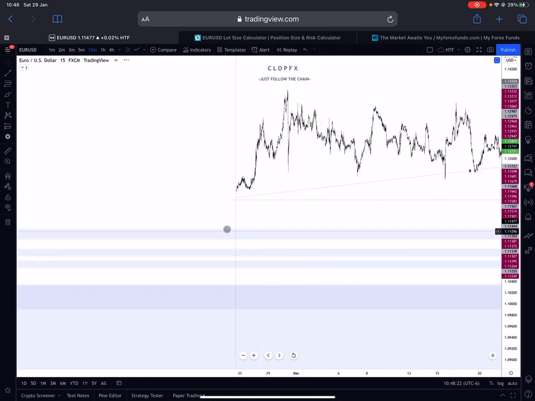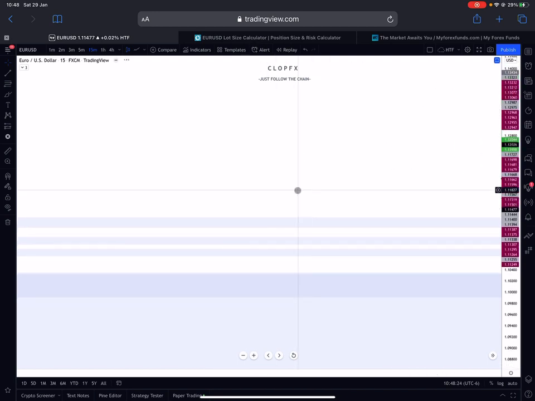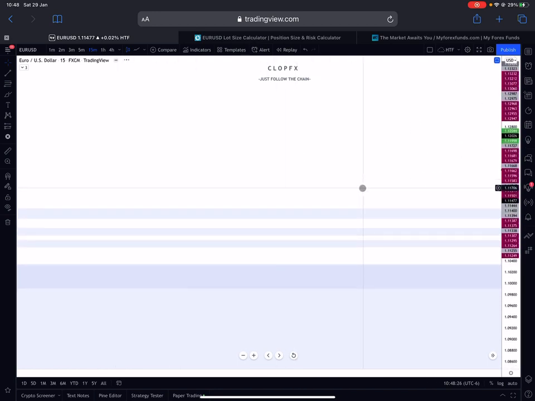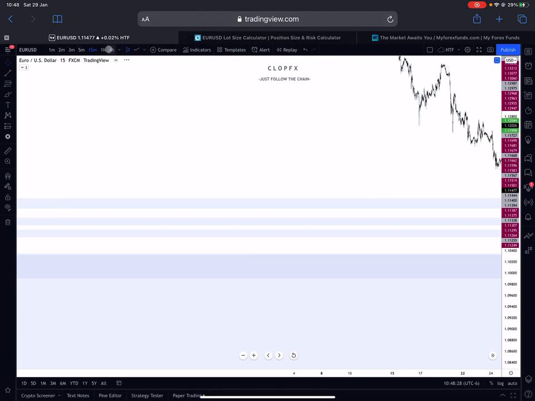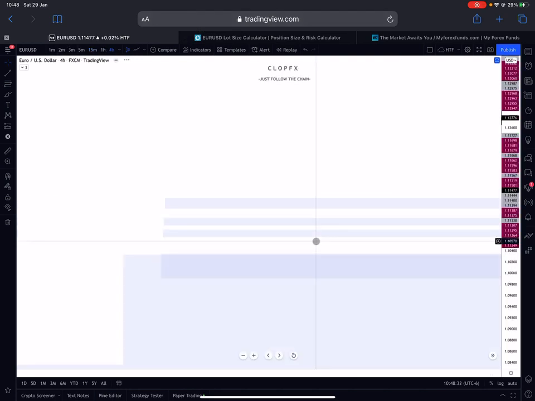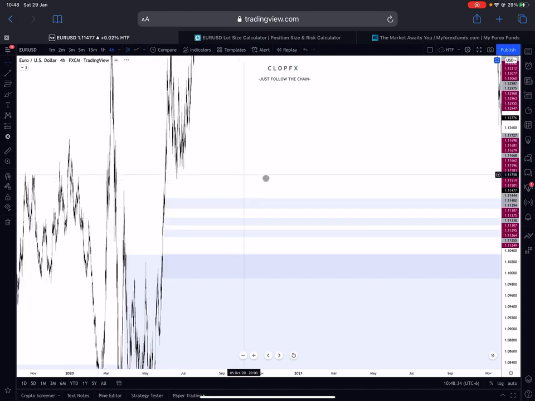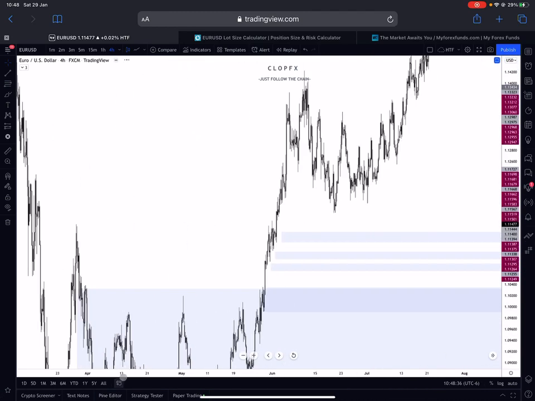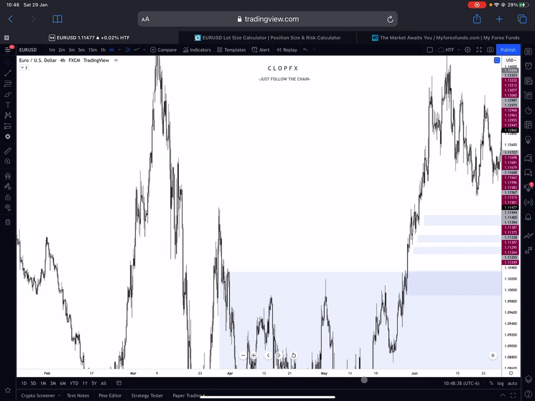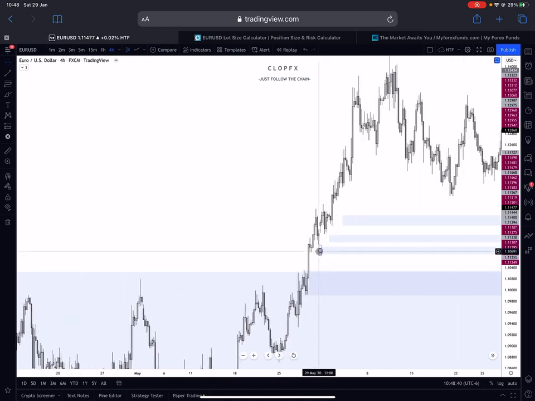The main reason pullbacks happen is some unmitigated supply or demand, so I went to the 50-minute all the way back. Here you have a couple of them. Right now they're not visible, but if you go to the 50-minute, you mark everything that is unmitigated. You can have a reaction and play a pullback out of it.